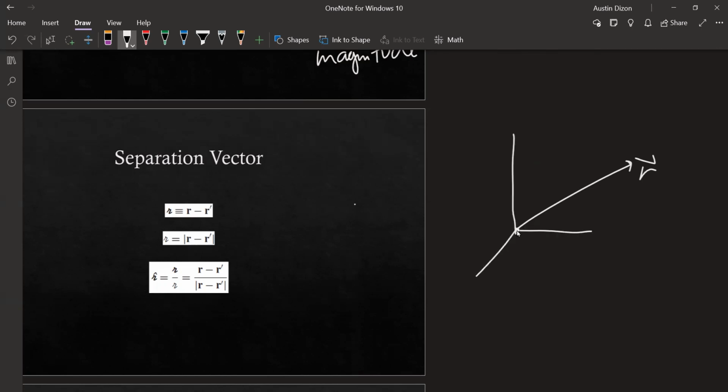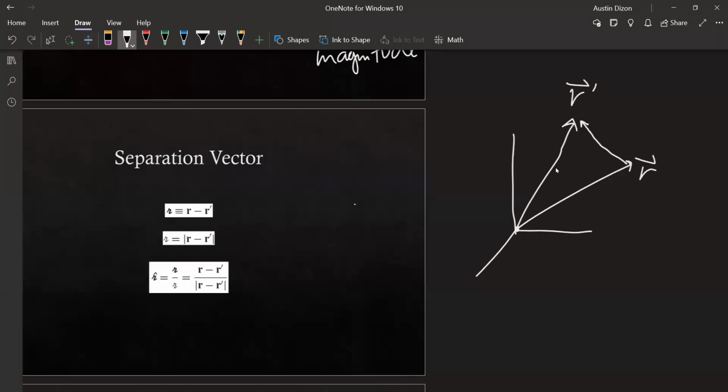And then, meron ka pang isang vector, which is r prime. R prime, kaya natin ginamit si r kasi galing pa rin siya ng origin, pero directed lang siya onto some other direction. So, we define the separation vector from here.